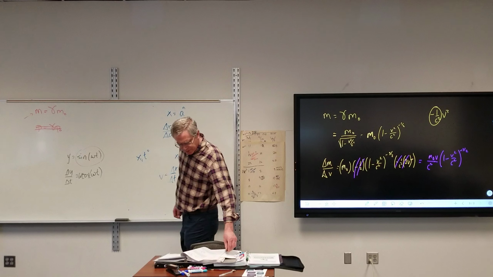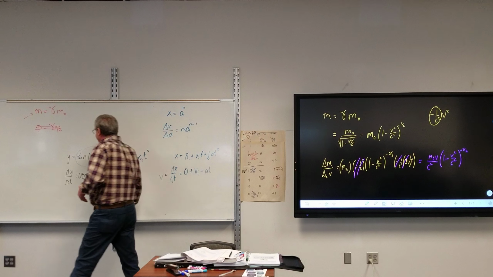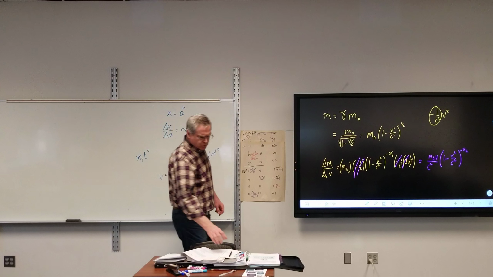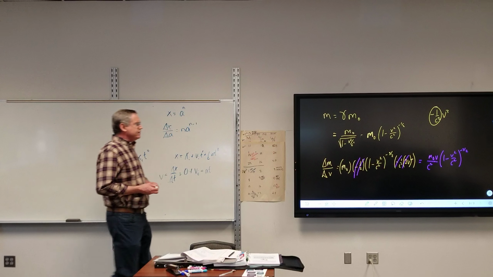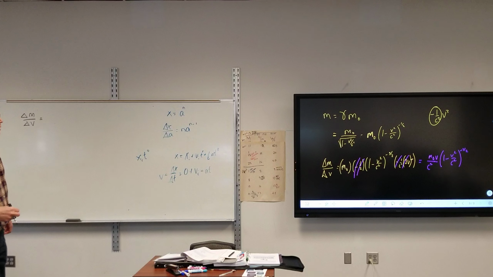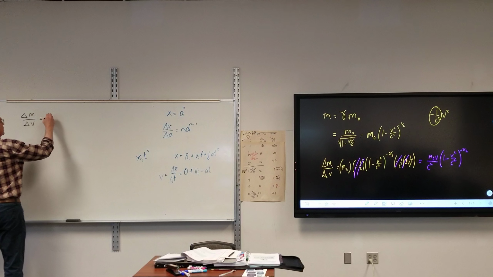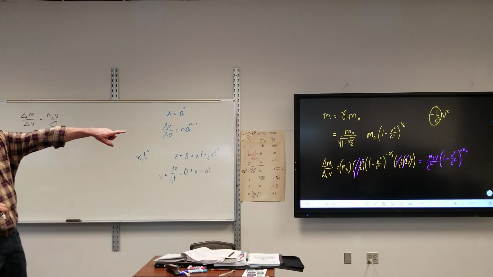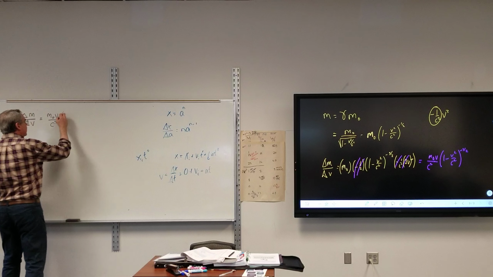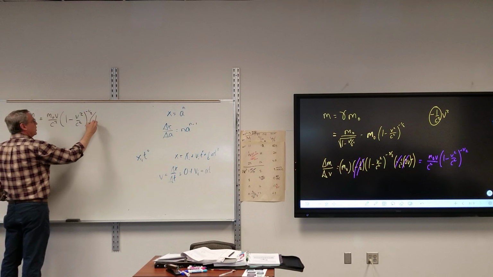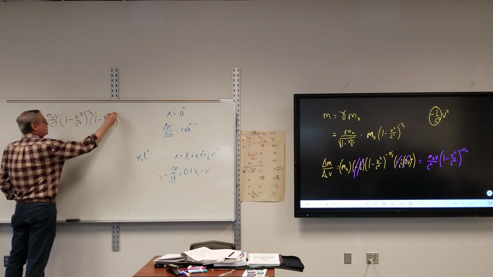I'm going to take that and break it, just because I know where I want to get with it. I'm going to rewrite that. So I have my change in mass over the change in velocity is equal to m sub naught v over c squared, and then I'm going to take my exponent right there and break it into 2 parts. I got (1 minus v squared over c squared) to the negative 1/2 times (1 minus v squared over c squared) to the negative 1.